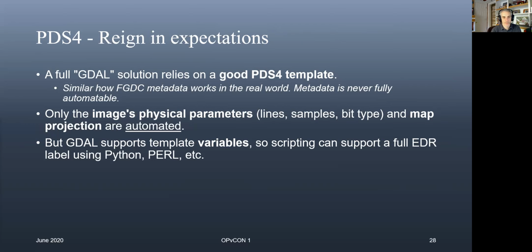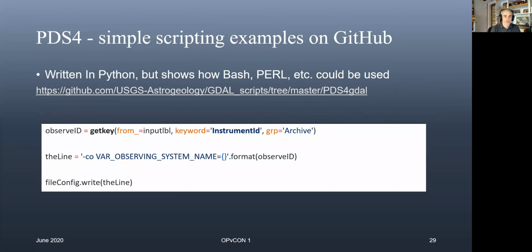Ames Stereo Pipeline should have direct support from GDAL for PDS4. And that's full stop, read, but it does allow write, and with help. And so there's different ways to help GDAL along. You can use tools like PVL to gather the metadata and then pipe it into GDAL, or pipe it into a PDS4 template and then run it through GDAL.